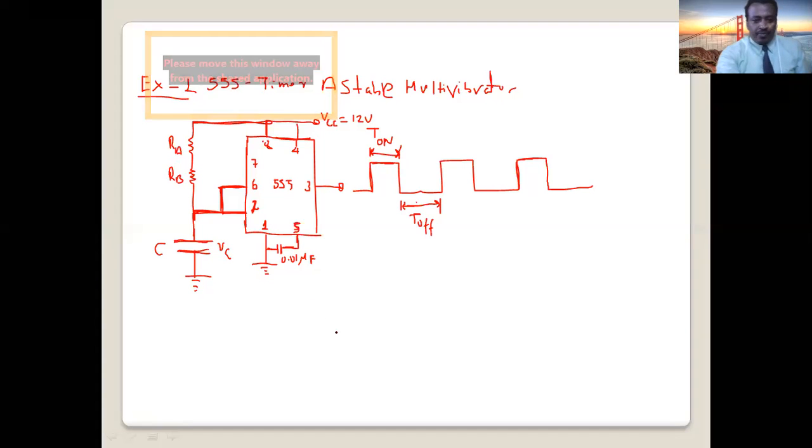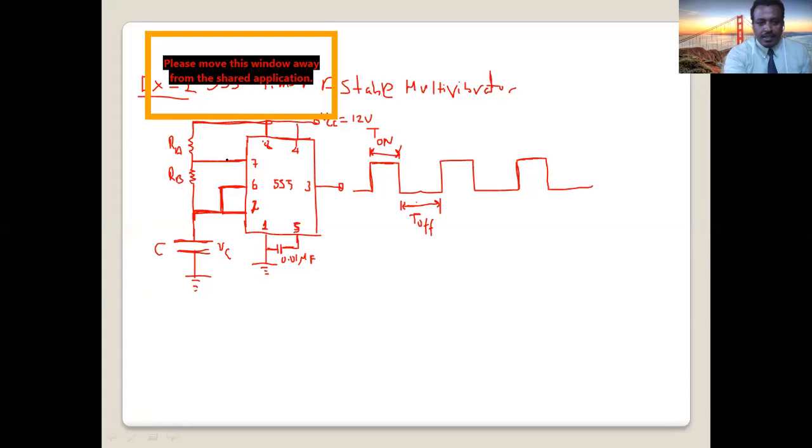Now what remains? Pin number 7, which is called discharge pin. So pin number 7 is connected between the two resistors here. This is a very simple circuit, what we call 555 timer astable multivibrator.